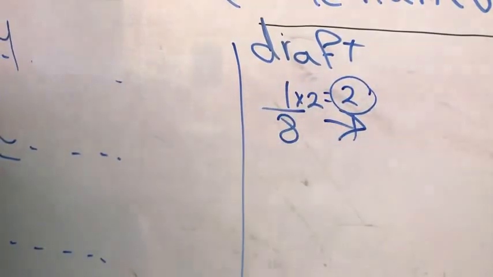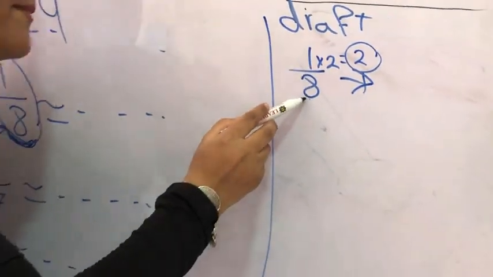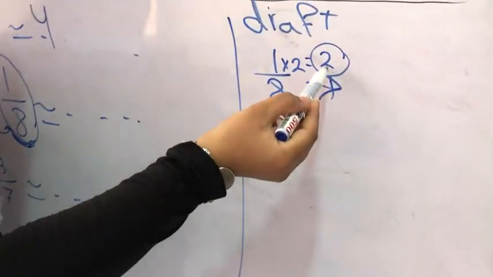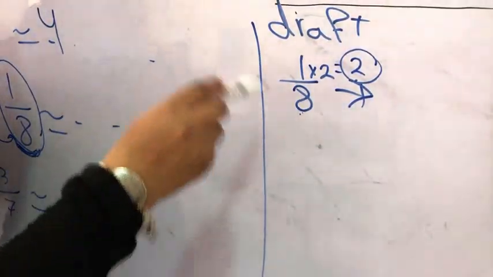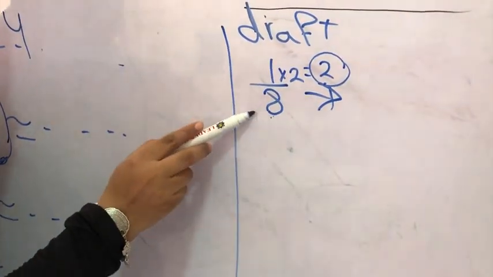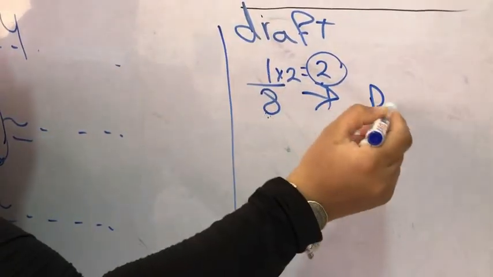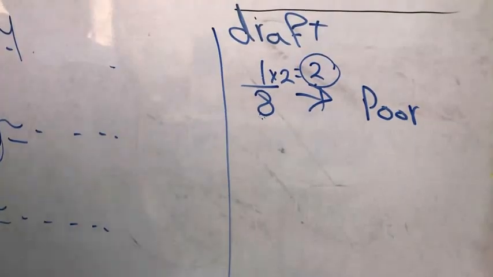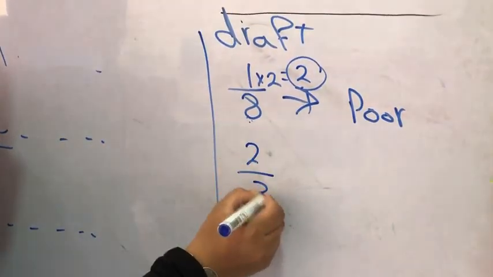And I ask: is this number 2 greater than or smaller than my denominator? Here, the result in the numerator is smaller than the denominator. So if my numerator is smaller than the denominator after multiplying it by 2, this fraction is poor.